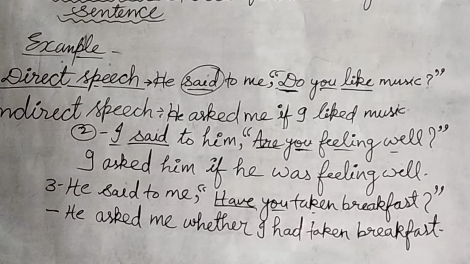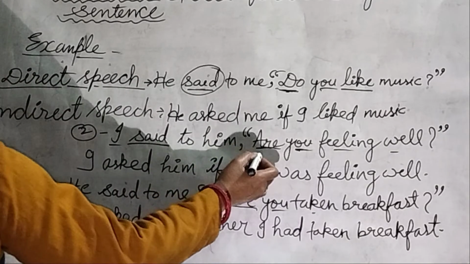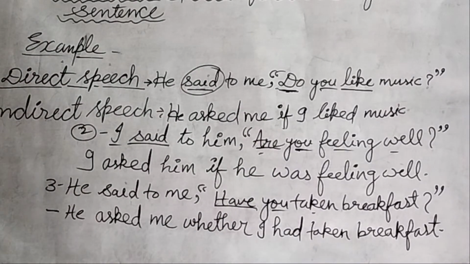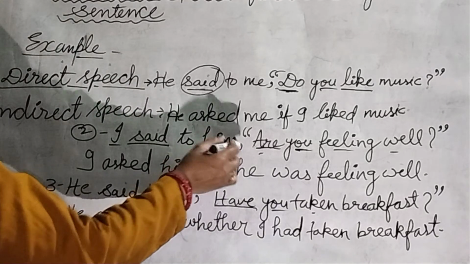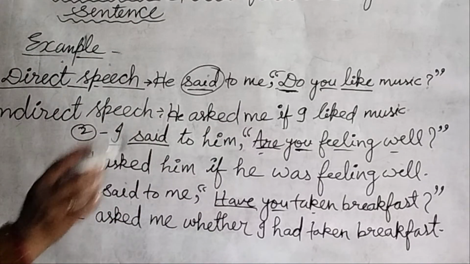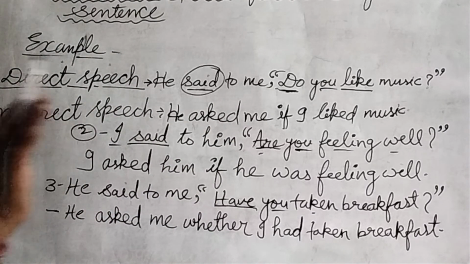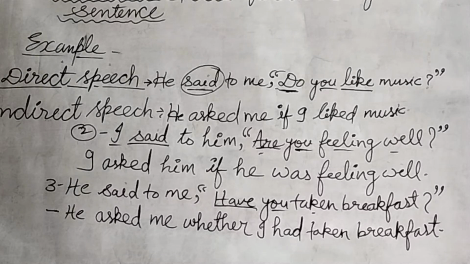Is it clear? If any sentence, the reported speech will start with an auxiliary verb, then you will use here in place of that, if or whether. All of you know about auxiliary verb. आप सबको पता है auxiliary verb means क्या है. All auxiliary verb and the helping verb is same.